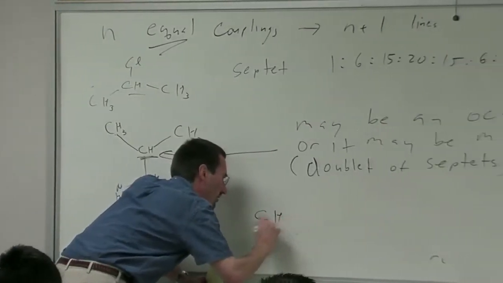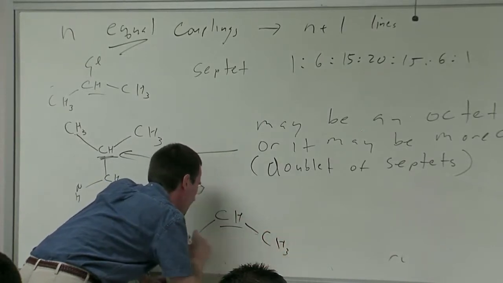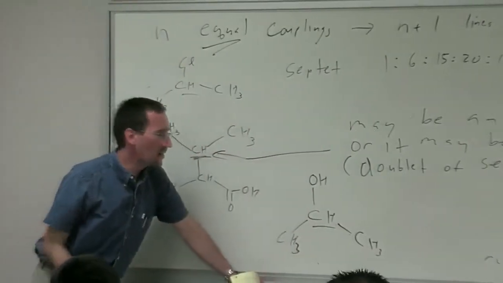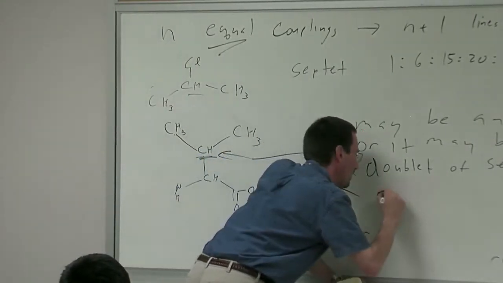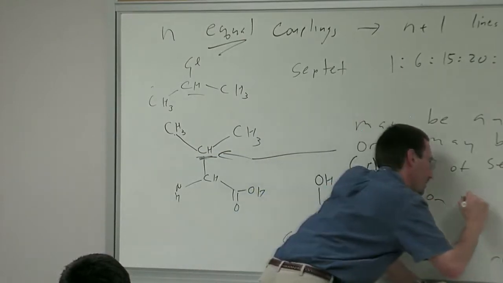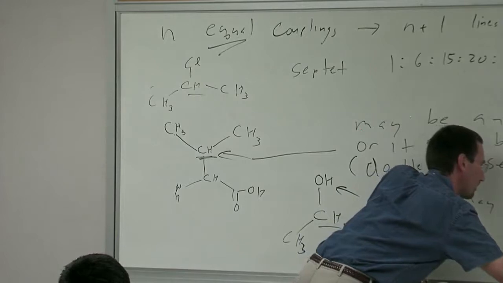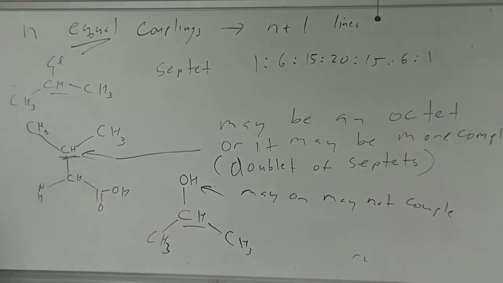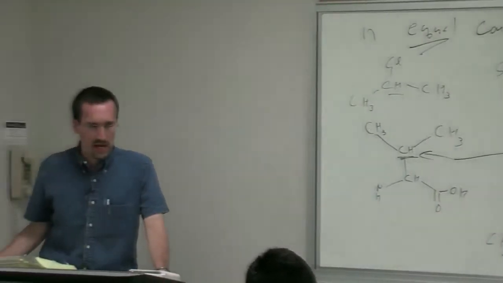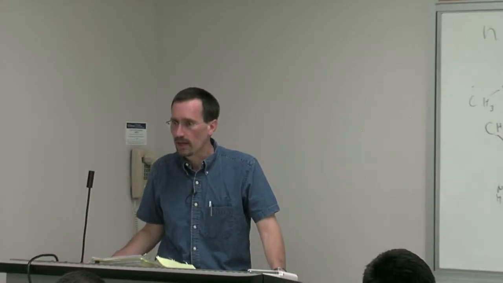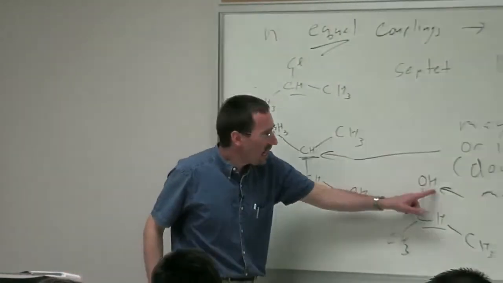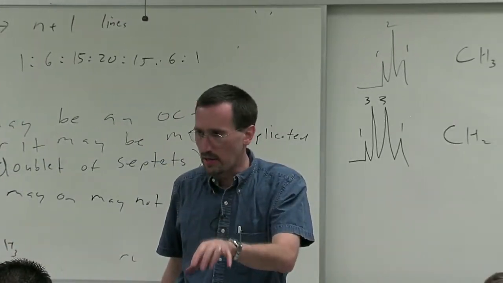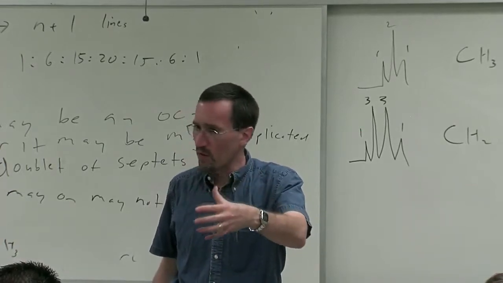The OH of alcohols, and I know this has already come up on the homework, may or may not couple. So the methine hydrogen of isopropanol might appear as a septet, or it might be more complicated. In order to couple, the OH hydrogen has to stick around in one place. It has to stay attached for a time that's roughly 1 over the coupling constant.